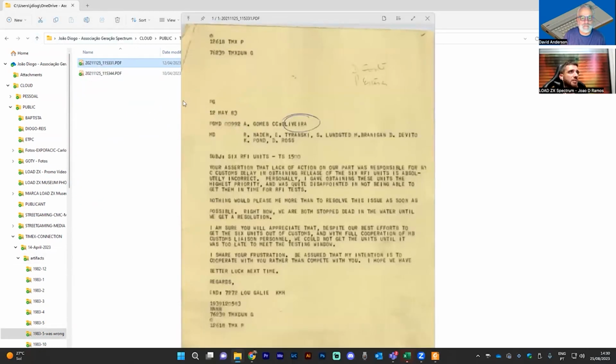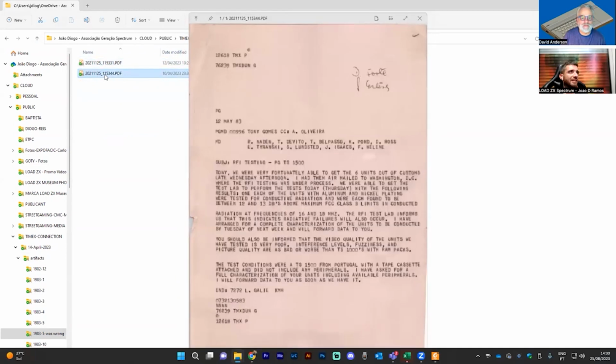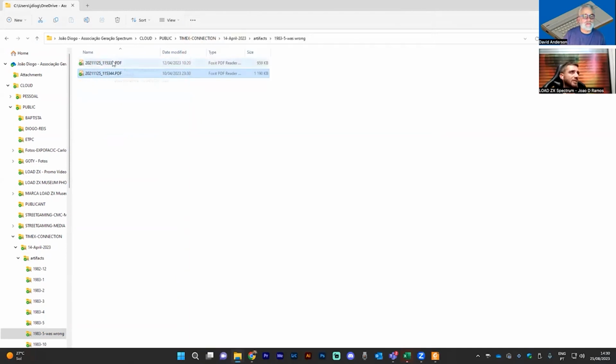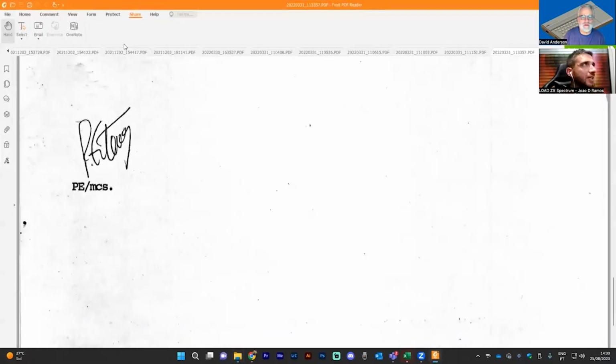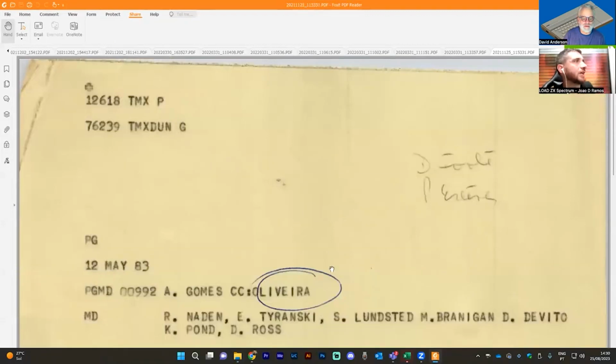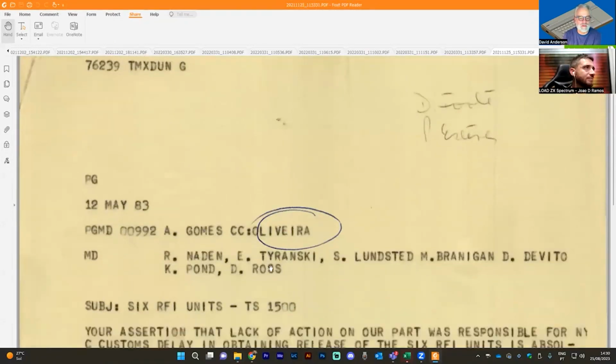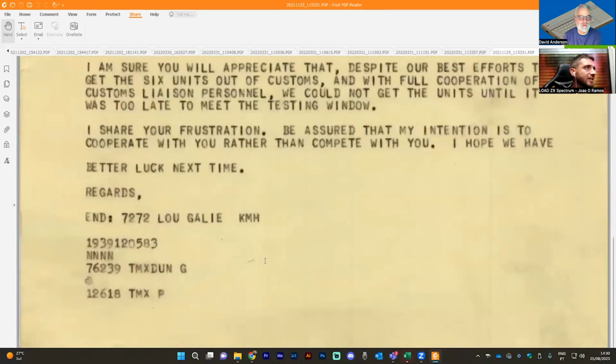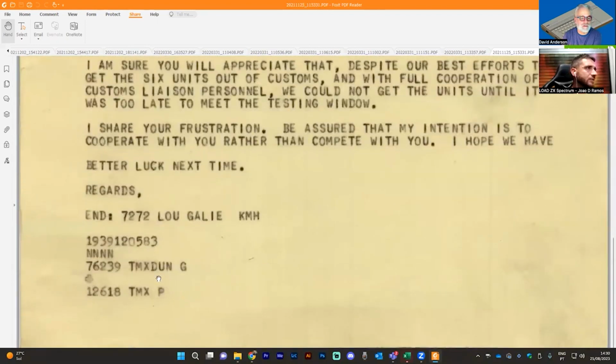So this one is from middle of May, 12th of May at LX, and another LX. Let's just look at this, mid-May, both of them. Okay, so Gomes and Oliveira, who signs this? Dundee. Yeah. But why does Lou Gailey sign as being, because this means it's from Timex Dundee, right?